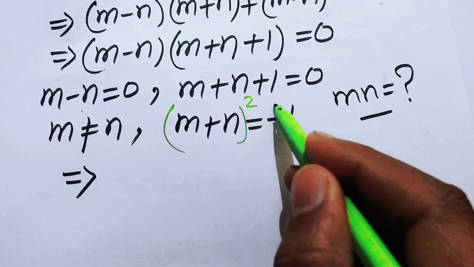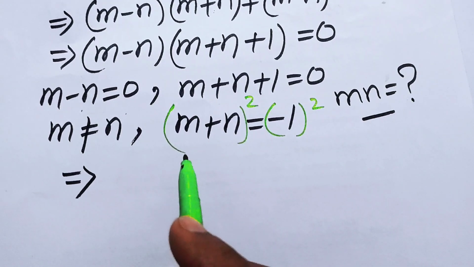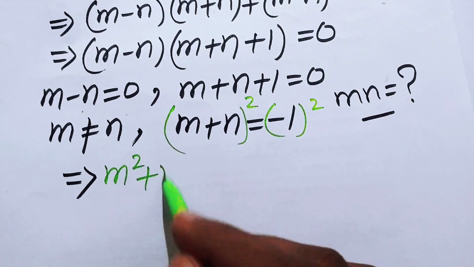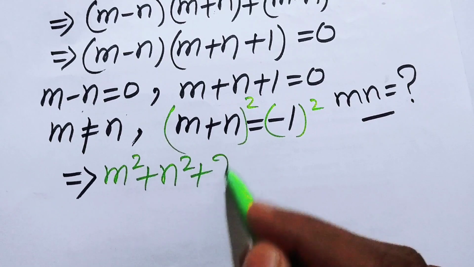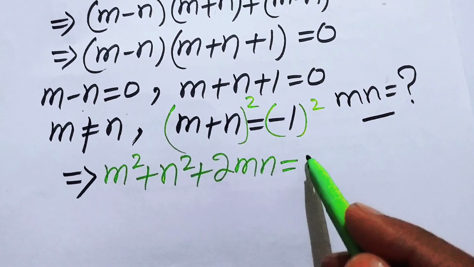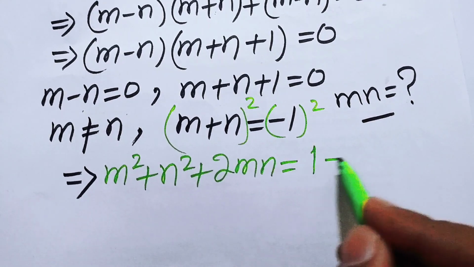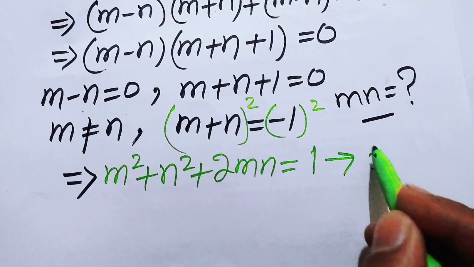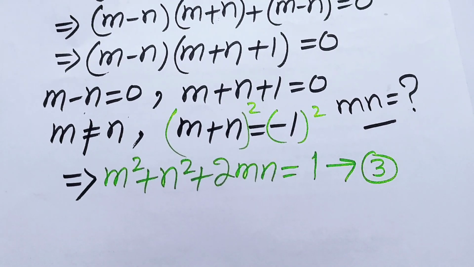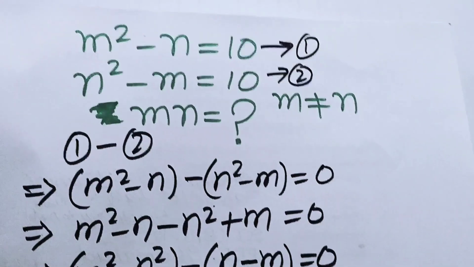We take the squaring on both sides, and we open the square identity on the left hand side, and we have m square plus n square plus 2 times of mn equals to the square of minus 1, which equals plus 1. We call this equation number 3.